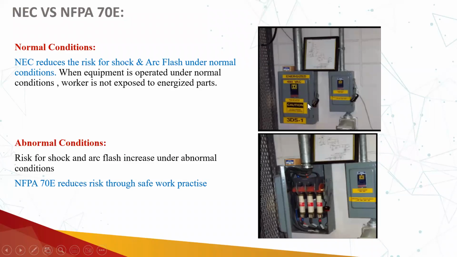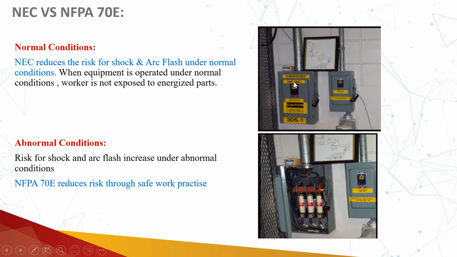Now, if I open it to see its bus bar or want to change some fuses, etc., now the responsibility shifts from NEC to NFPA 70E, because now I myself am putting myself in danger. So I have to adopt safe work practices. Before that, if it was closed, I was not interacting with it.